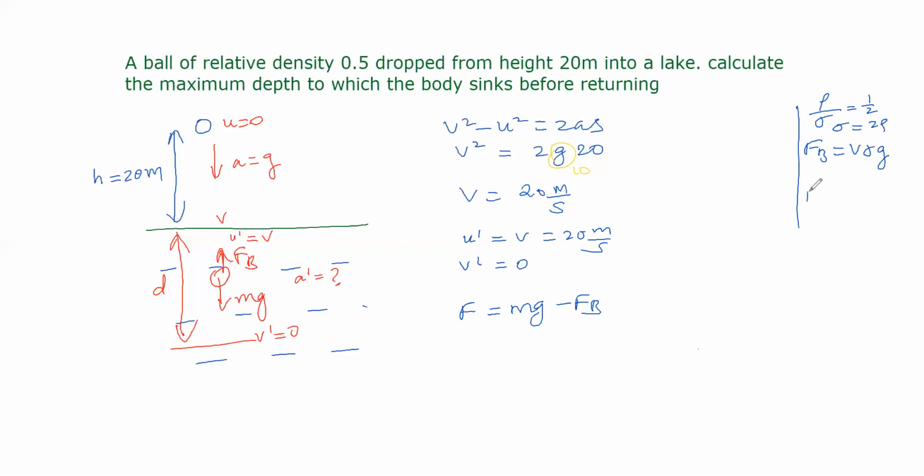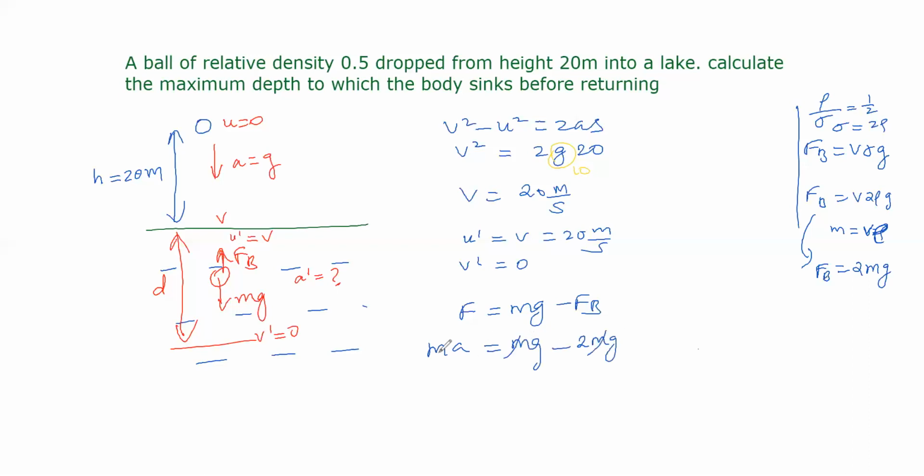If you substitute, buoyancy force is equal to V into 2 rho into g. Volume into density is the mass of the ball, so the buoyancy force is equal to 2 m g. Now, force is mass into acceleration, so here mg is substituted and the buoyancy force is 2mg.